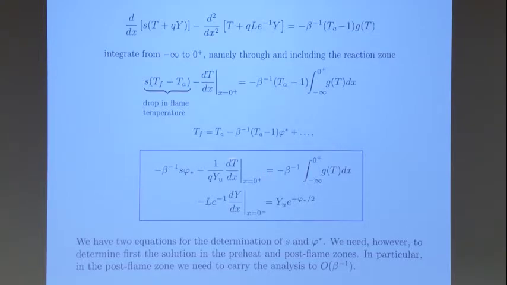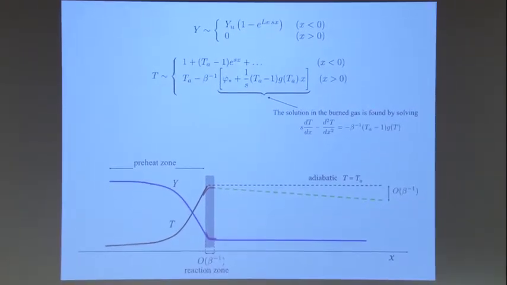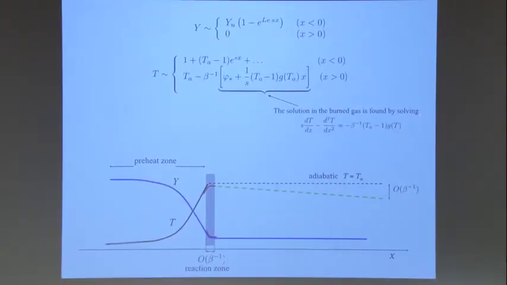I clearly need still to know what is dT/dx, in other words, what's the slope in the burned gas. But for that, I have to solve the problem in the burned gas. Well, in the burned gas, I have to solve this equation with no reaction. And it's easy to see that the solution is simply a straight line proportional to x.